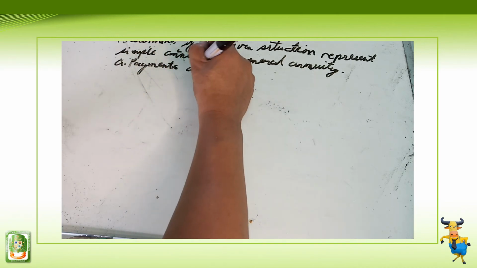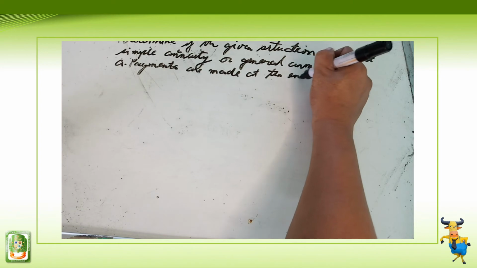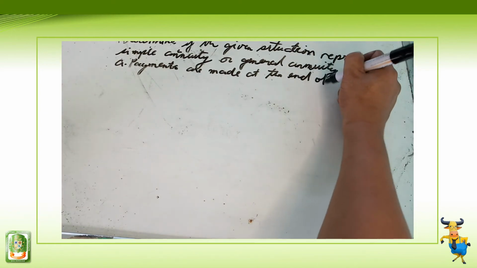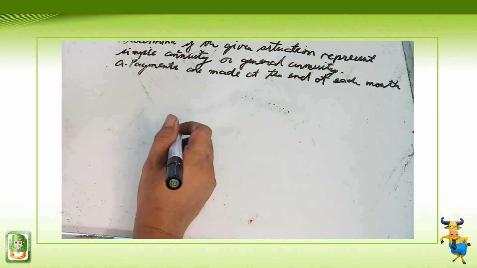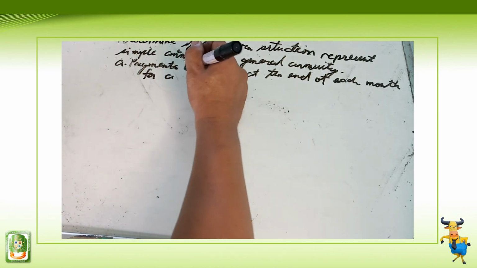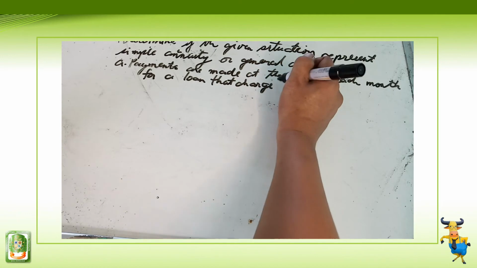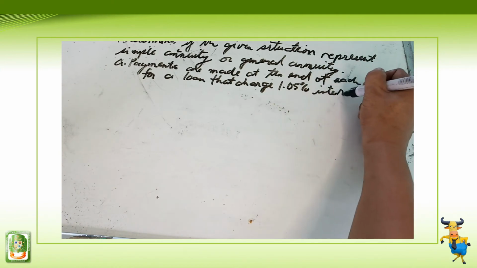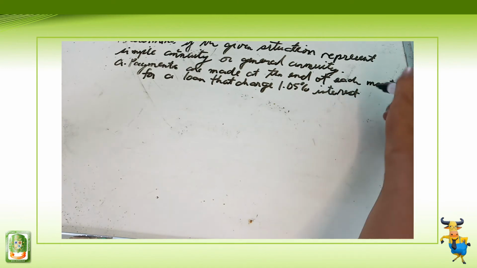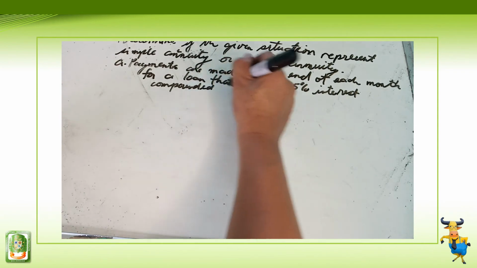Okay, letter A. Payments are made at the end of each month for a loan that charges 1.05% interest compounded quarterly.